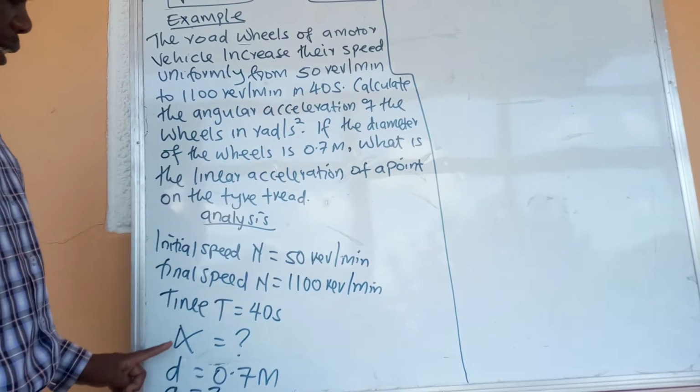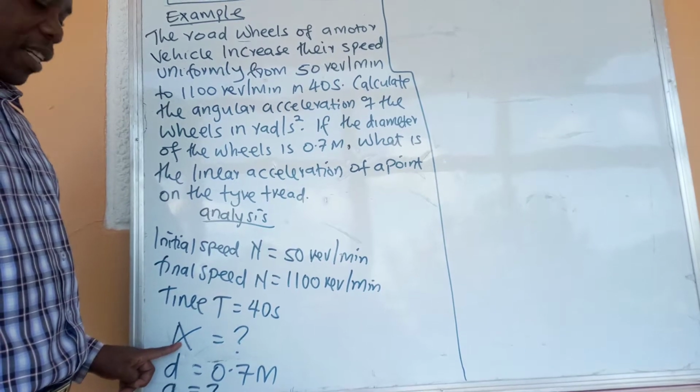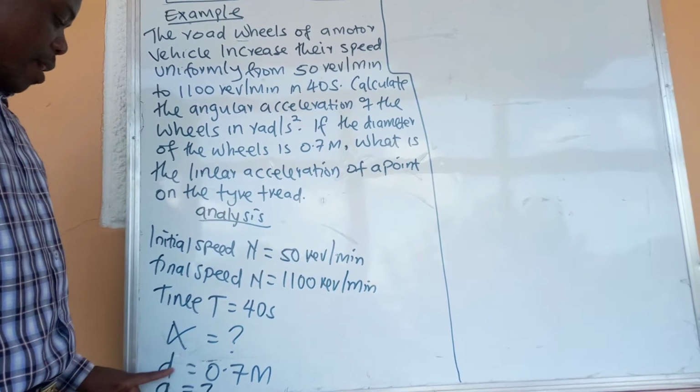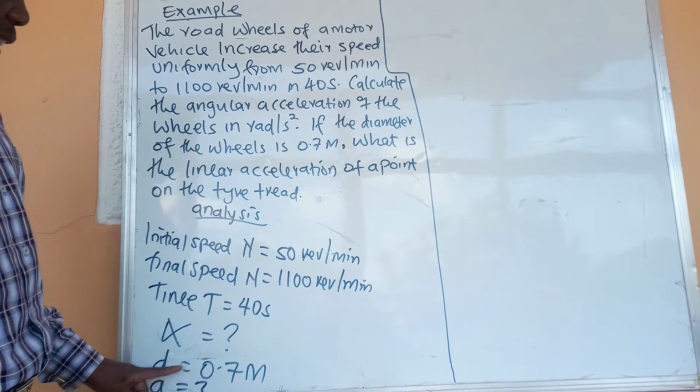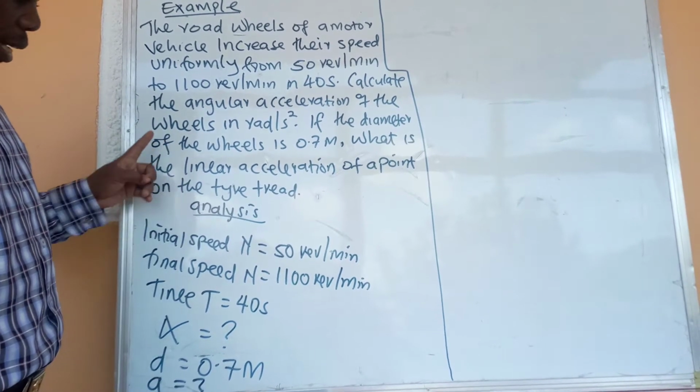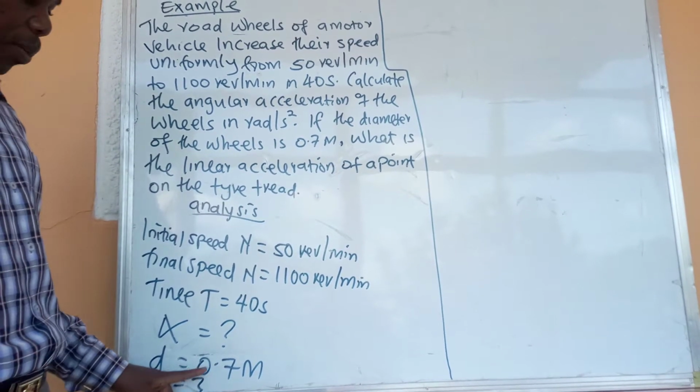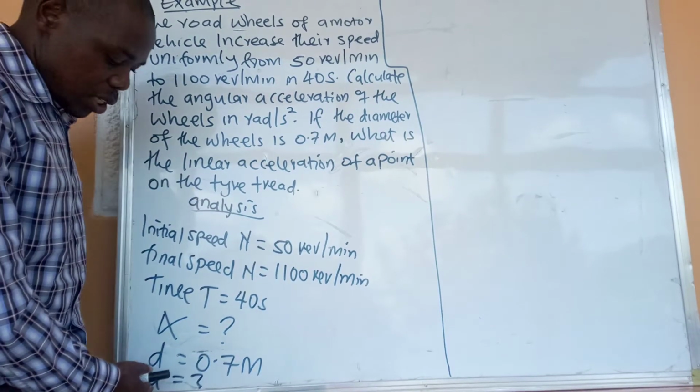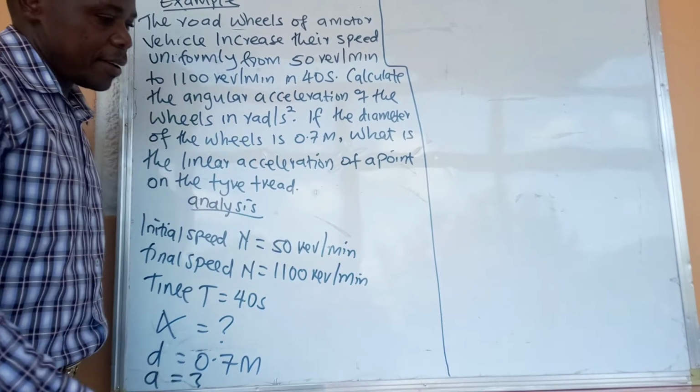The question is to calculate the angular acceleration alpha, given that the diameter of the circle is 0.7 meters, and establish the linear acceleration a.